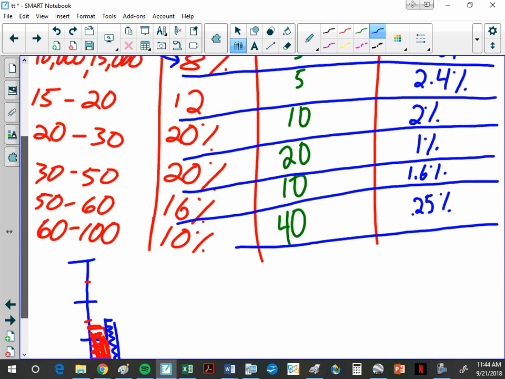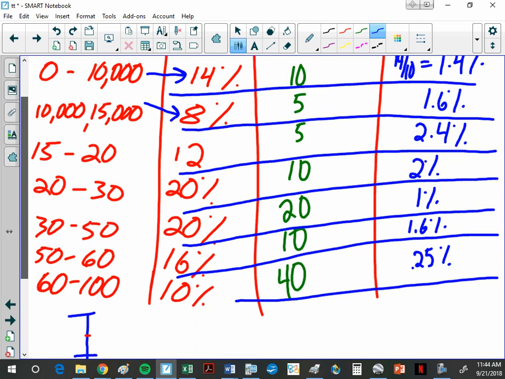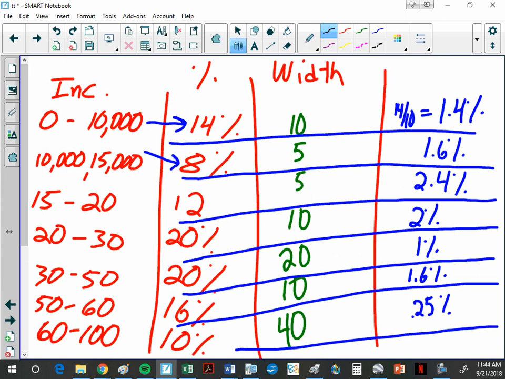Okay. All right, the next one, I have a width of 5 and a height of 2.4. So I'm going to go up to 2.4, which is right there. Now, which one has more area, the black or the red? Well, let's look up here. 14% compared to 12%.